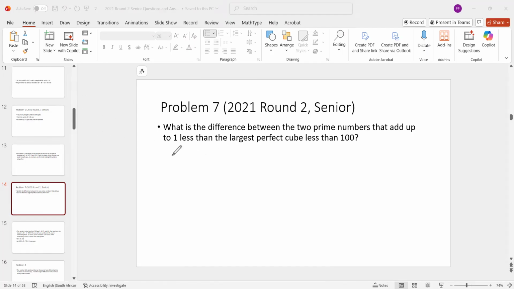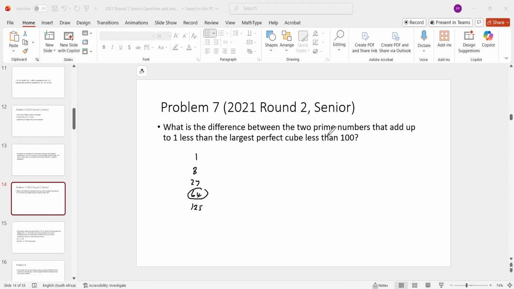The cubes are 1 cubed, 2 cubed, 3 cubed, 4 cubed, 5 cubed. So hopefully you'll know what the cubes are. But the largest perfect cube which is less than 100 is 64. The next cube is more than 100. So it's going to add up to 1 less than 64.